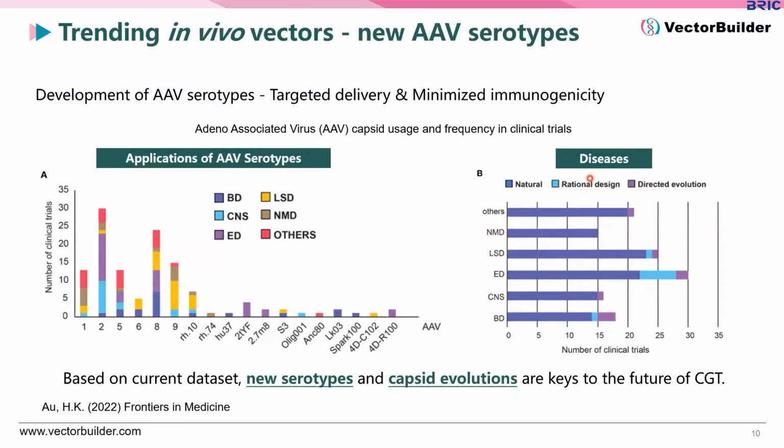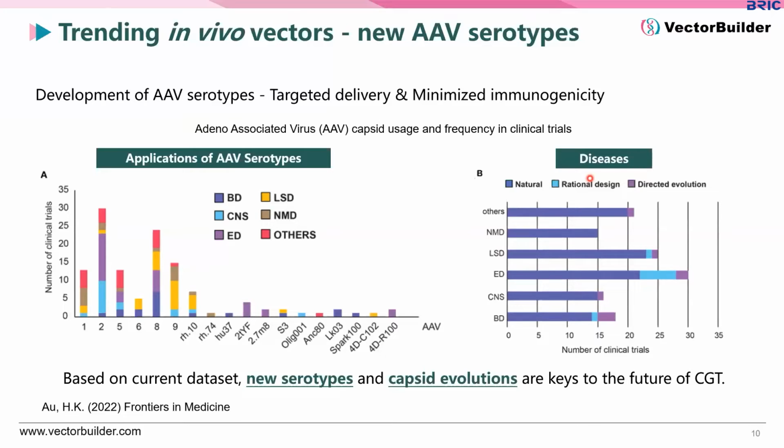We want to minimize immunogenicity. We want to have much better, higher specific targeted delivery. Here is a literature I'm citing that analyzes the usage of different AAV capsids and their frequency in global clinical trials.